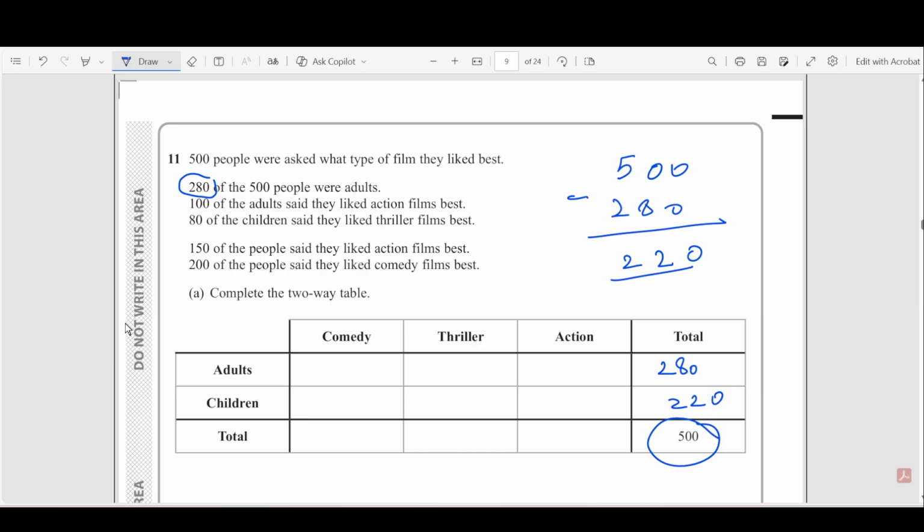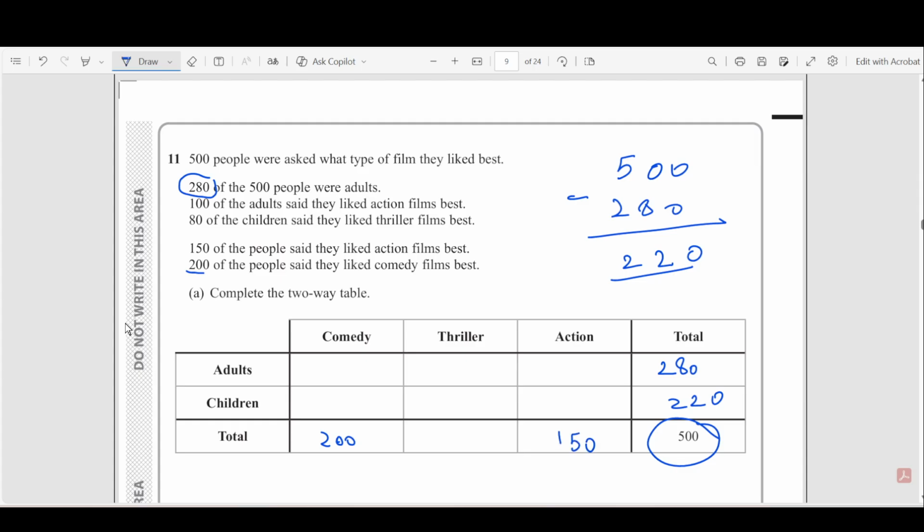Next is calculating the number of people who liked thriller films. I can write the totals first. For comedy, as it says here, 200 of the people said they like comedy films, so comedy total is 200. And for action, it says 150 people said they liked action films, so we can write 150 total.